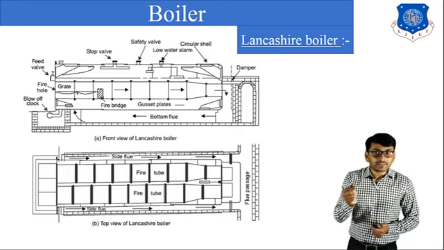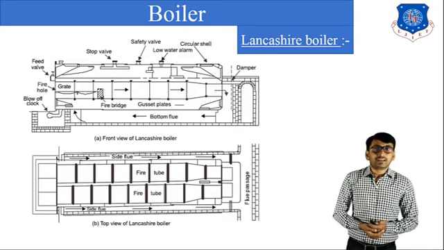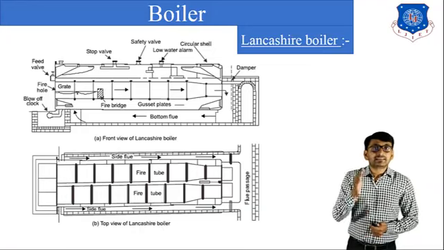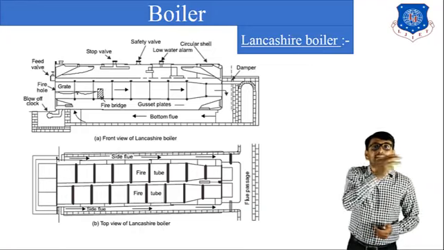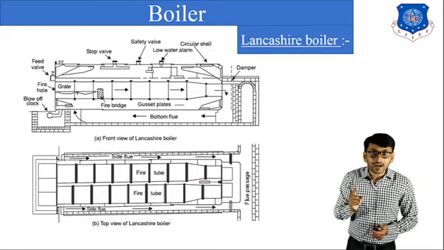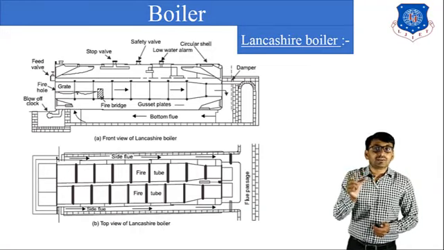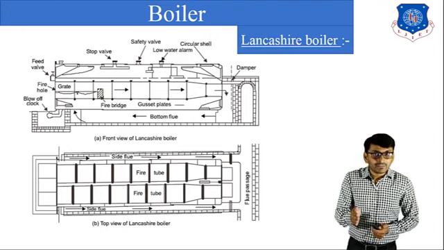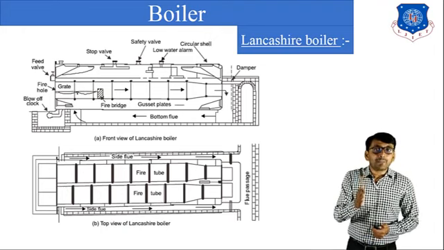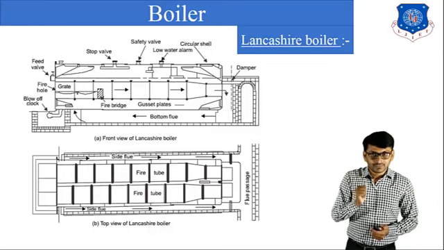Due to heat transfer, water is converted into steam, and steam collects at the upper part of the boiler shell. Why upper part? Because of density difference. Steam has less density than water, so steam collects at the upper side of the boiler shell.